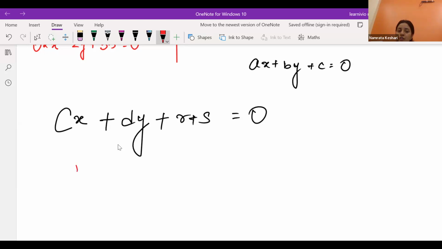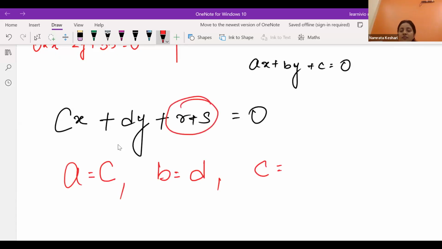A is the coefficient of X, that is C over here. B is the coefficient of Y, that is D over here. And C is everything which is without X and Y, that is this all. Can we say that? Are you getting it, Aleph, Afia, and Khadija? Yes, ma'am.